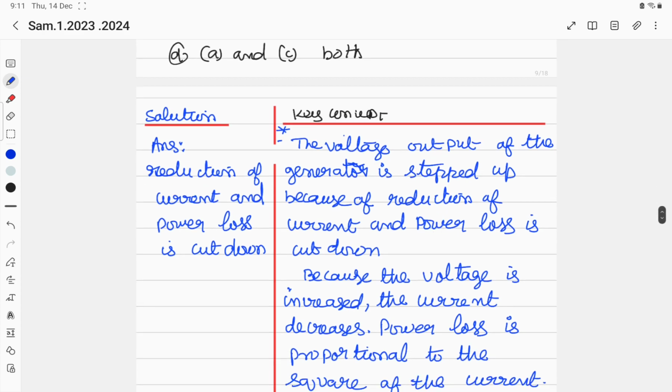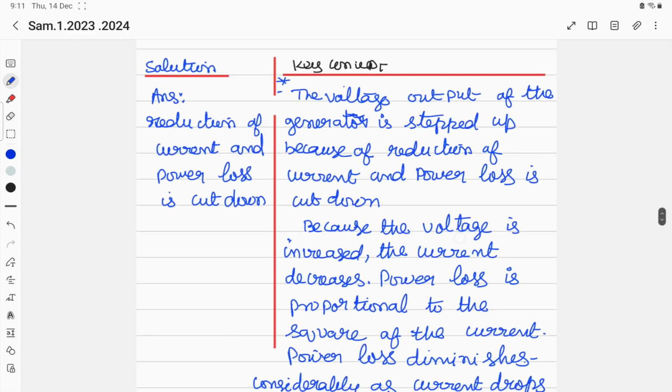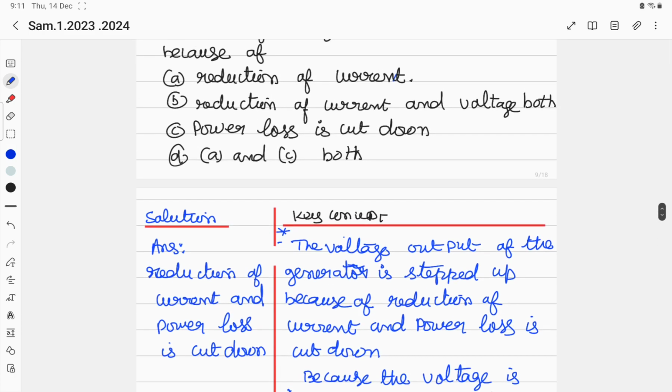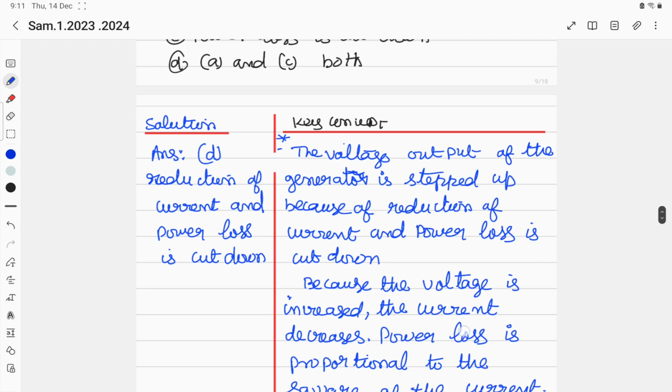So first we have to understand the concept. The voltage output of the generator is stepped up because of reduction of current and power loss is cut down. Therefore, answer D, that is reduction of current and power loss cut down.